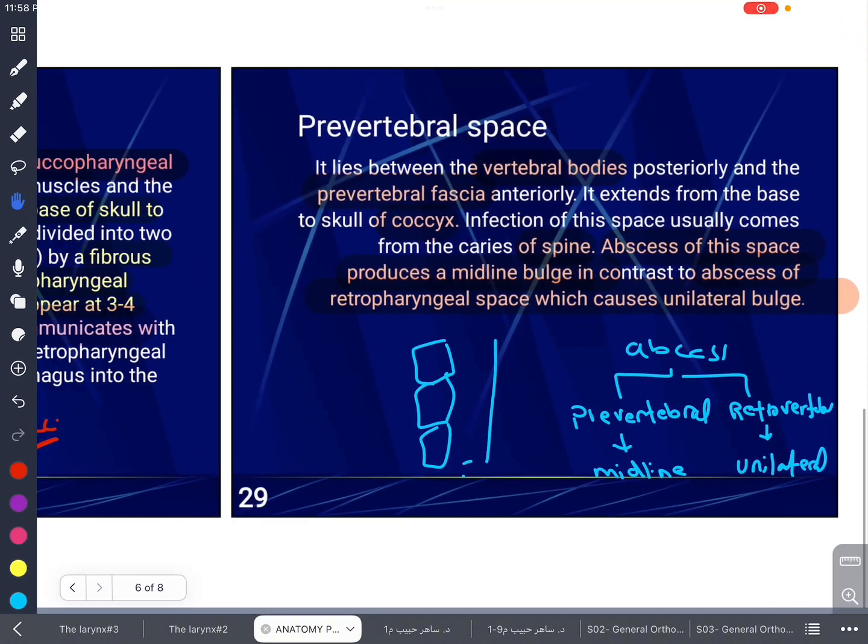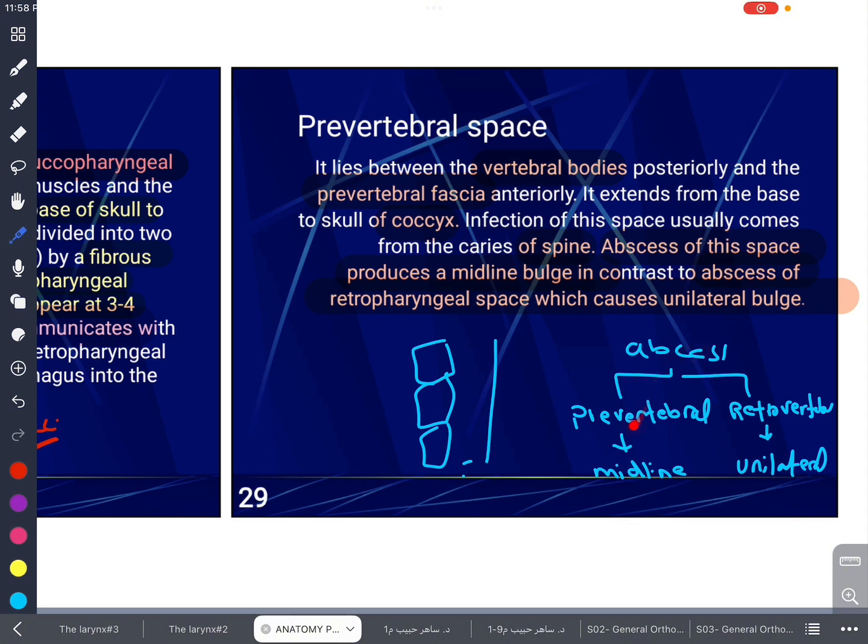We're going to talk about the prevertebral space. It is a space lying between the vertebral bodies posteriorly and the prevertebral fascia anteriorly. What's important here is that it extends from the base of the skull to the coccyx, so it runs along the spinal column. Any infection here will form an abscess.